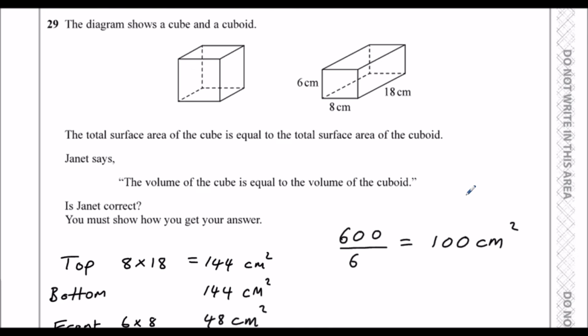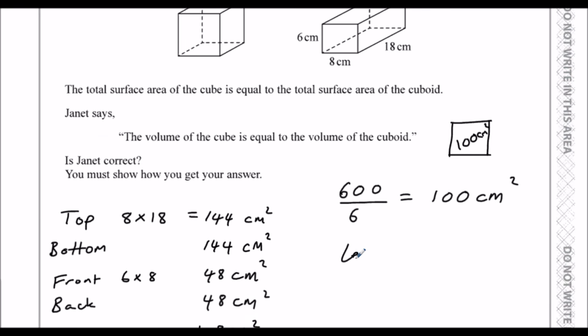And if a surface, so a square, has got an area of 100, it must have lengths of 10. 10 times 10 is 100. So each length is 10 centimeters. So square root 100 is 10. So we know it's 10 by 10 by 10.